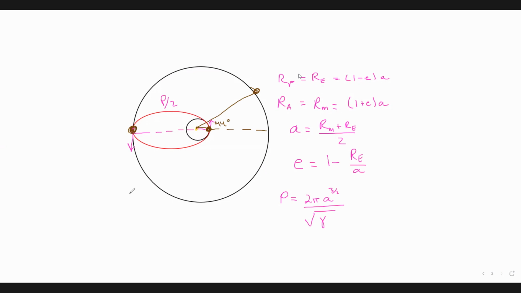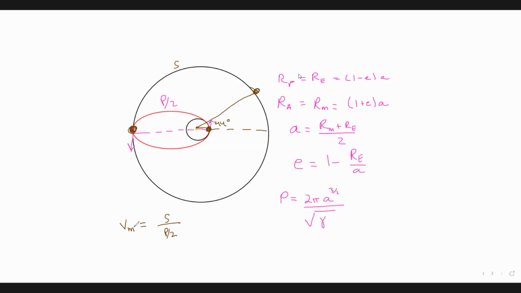So I know the velocity of Mars in its orbit, and I need the speed. Let's see, the velocity of Mars in the orbit is such that this distance, let's call it S, is equal to the velocity over the p/2 time.